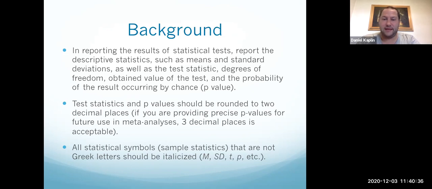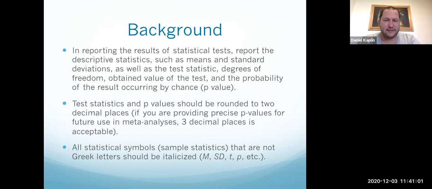One thing that I will say that's important is that if you're using 2 decimal places, use 2 decimal places. If you're using 3 decimal places, use 3 decimal places, but be consistent. Don't in some places use 2 decimal places and in others use 3 decimal places.